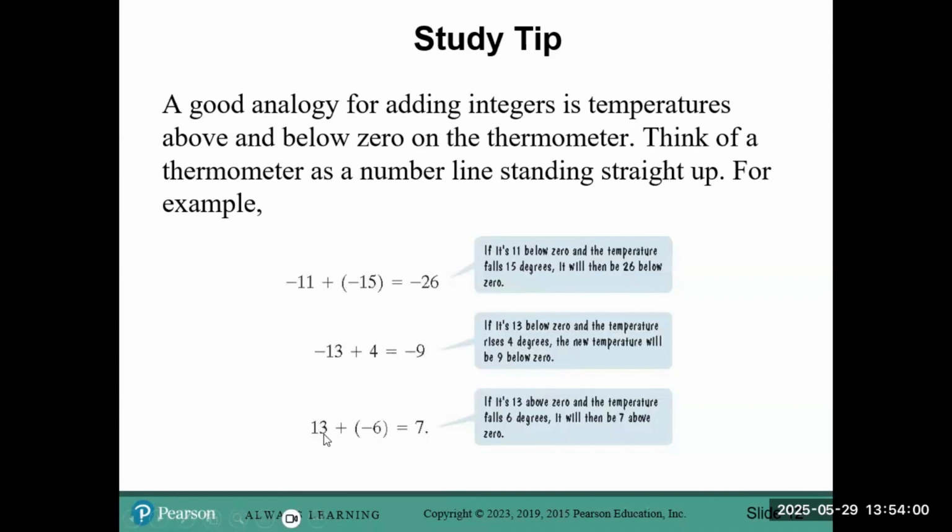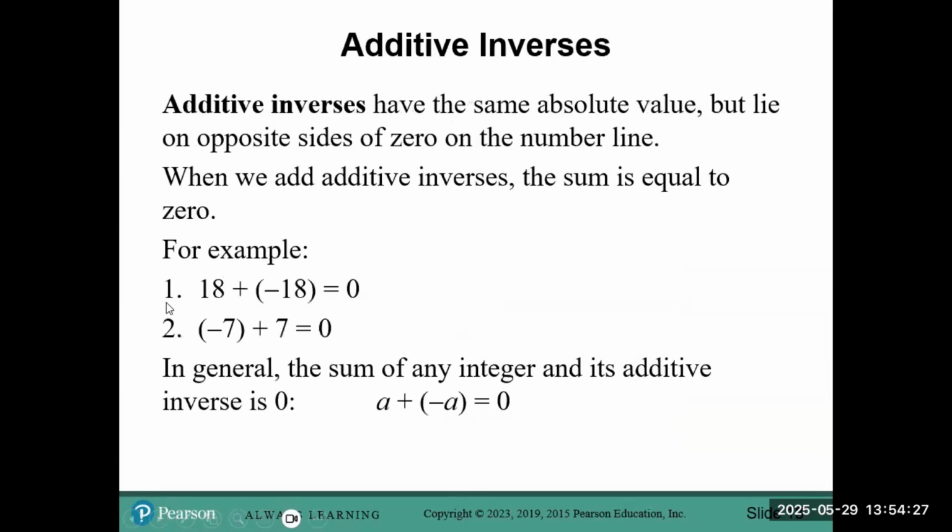And if the temperature is 13 degrees and it goes down 6 degrees, it's going to end up at 7. So all of those are some examples that can help you conceptualize why the rules of negative and positive numbers are what they are. Or a better word is really properties, because it's the way that the numbers work, not just some arbitrary rule that someone came up with.